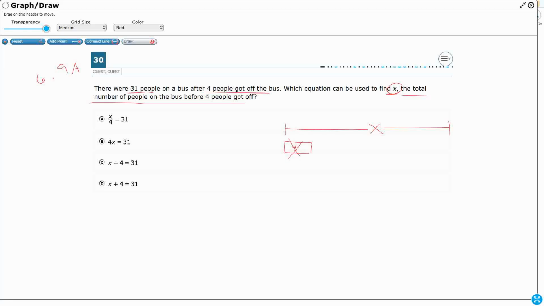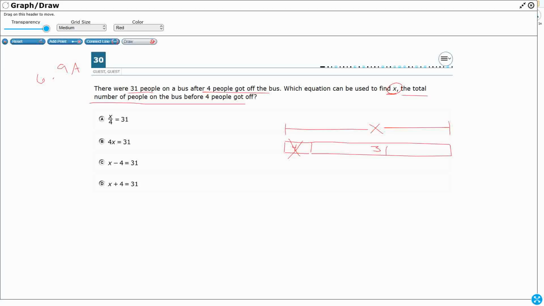I'll even just draw a little x right there, right? And then there were 31 people on the bus after the 4 people got off. All right, so I think this is going to represent my relationship. So here's my 31 people on the bus after the 4 people got off. So I'm looking for x, the total number of people on the bus before the 4 people got off.